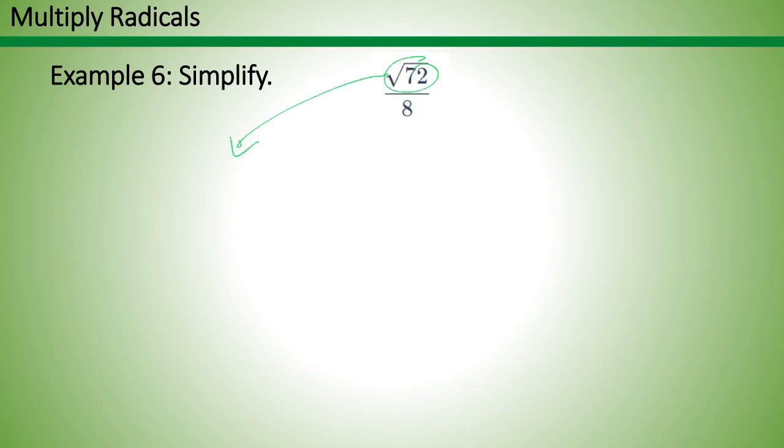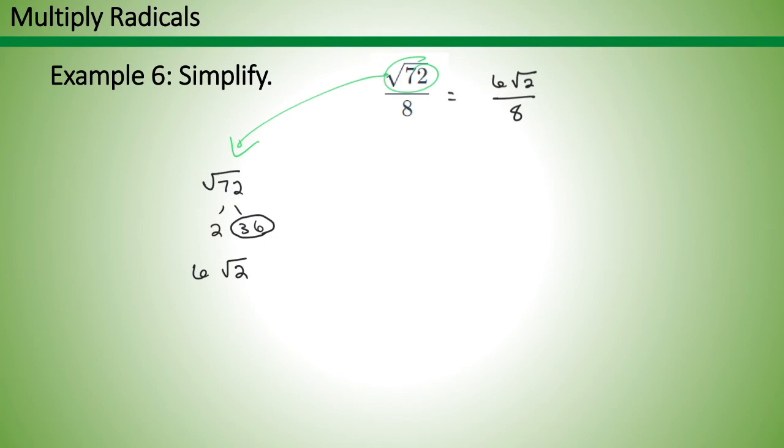Root 72 is going to break apart as 2 and 36. We see that 36 is a perfect square, so the square root of that is 6. Root 2 is going to stay on the inside. So this becomes 6 root 2 over 8.